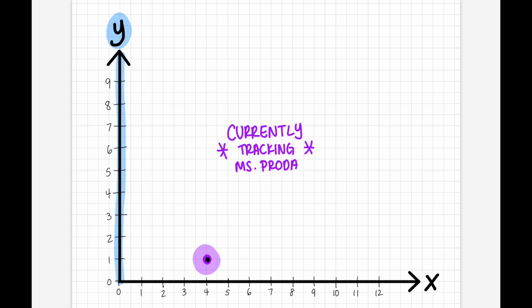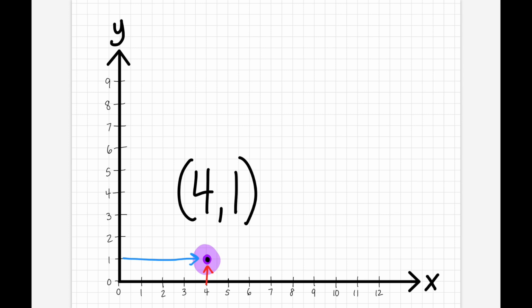What is the y coordinate of her location? If you said 1, you are correct. Miss Proda is at 4, 1.